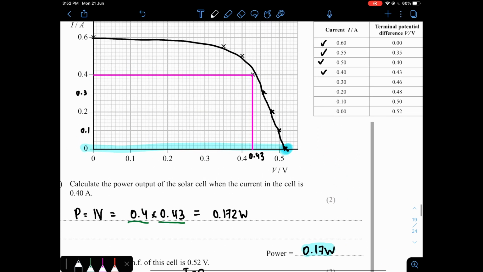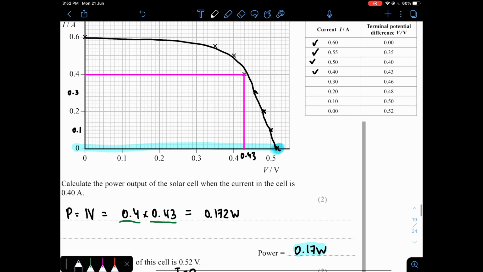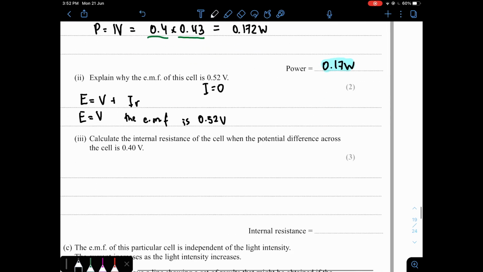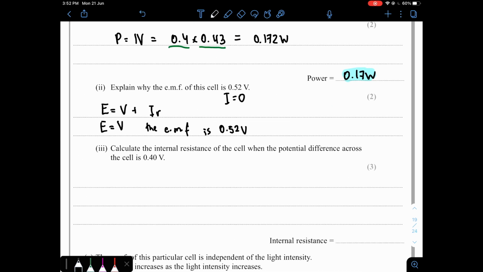Okay, now calculate the internal resistance when the potential difference across the cell is 0.4 volts. When it's 0.4 volts, you can see over here it's around 0.5. So we know that E equals V plus Ir. We know the EMF is 0.52, and the voltage is 0.4.